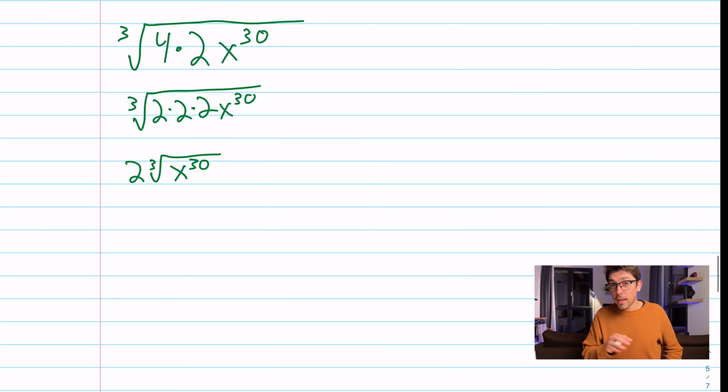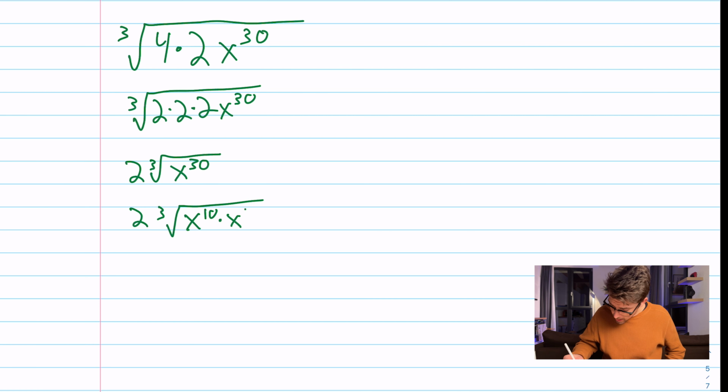Well, I'm not done yet because I can still simplify x to the power of 30. So I'm going to have 2 cubic root. Let's break this down into, let's say, x to the power of 10 times x to the power of 10 times x to the power of 10. Kind of a little bit of a shortcut just because I know what the answer is.